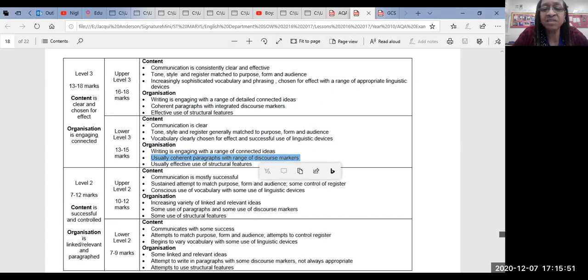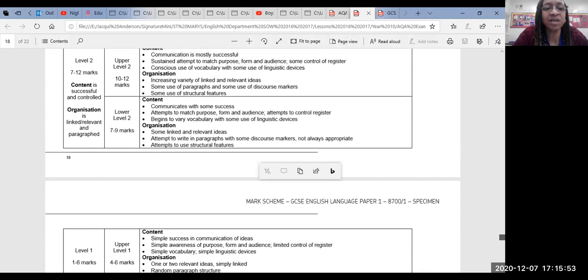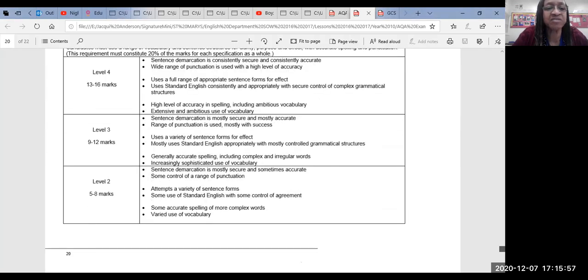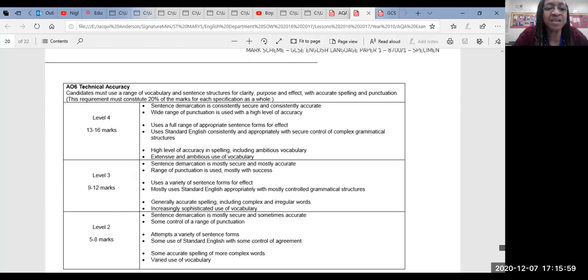And then the last thing that you are then marked on is technical accuracy. So as I said before, that's you using a range of punctuation, not just full stops and commas. And if you look at what the mark scheme says, it says mostly with success. So those of you who think that you have to be perfect at it at all times, please read what the mark scheme says.